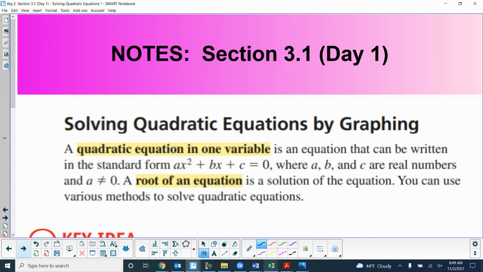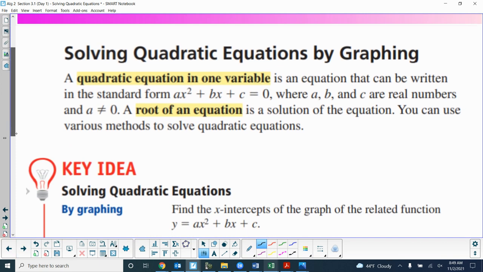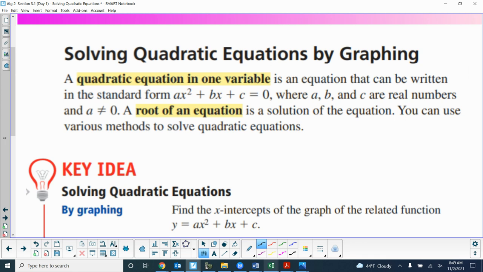these quadratics. All right, so a quadratic equation in one variable is an equation that can be written in the standard form, ax squared plus bx plus c. And then we set it equal to 0 when we solve these, okay? So you guys know what standard form looks like, all right? A won't be 0, because if a is 0, there won't be an x squared there, right? So a is always going to be a number other than 0, okay? It says a root of an equation is a solution of the equation.